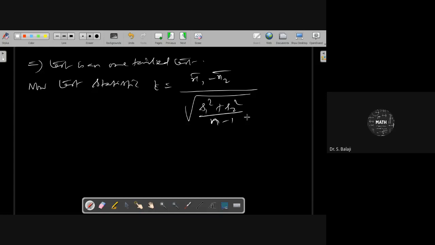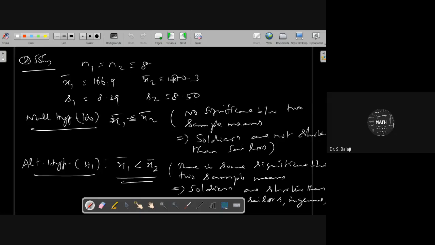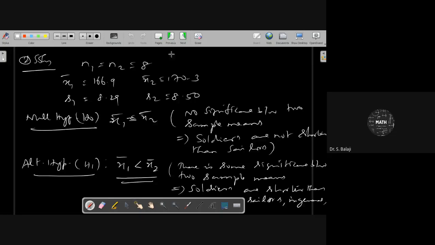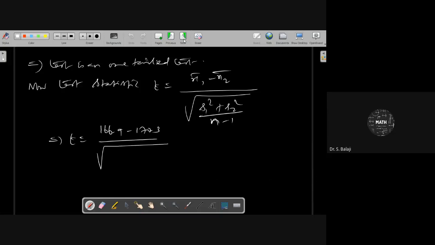You can write all the x1, x2 values here: 166.9, 170.3, and s1 is 8.29, s2 is 8.50, squared, whole divided by n, both are n equal to 8 here, 8 minus 1, 7.